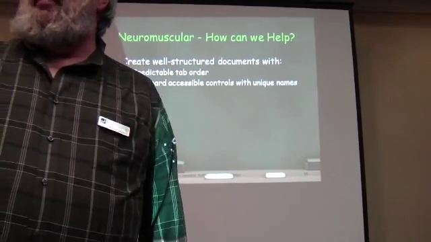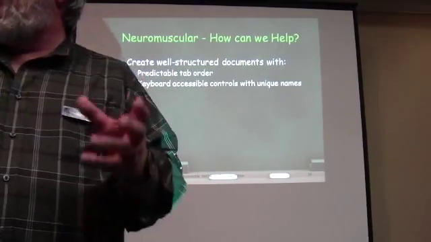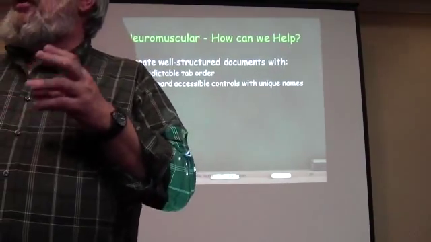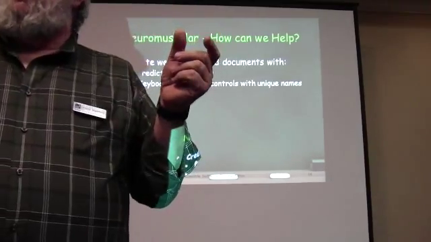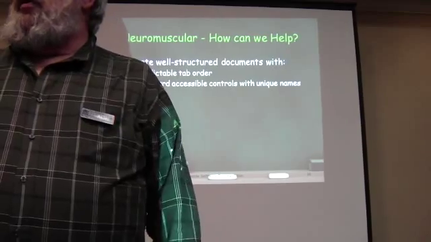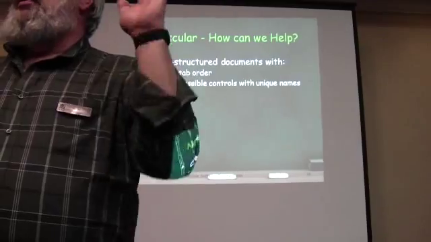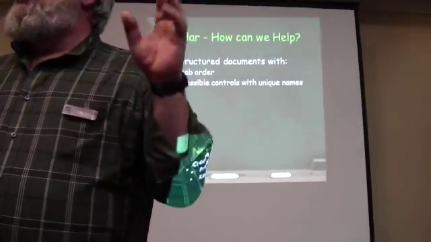They have to be what the action is, and they need to be unique, if they do unique things. They need to be unique in order to be addressable by assistive technology. Otherwise it goes, I don't know what to do.